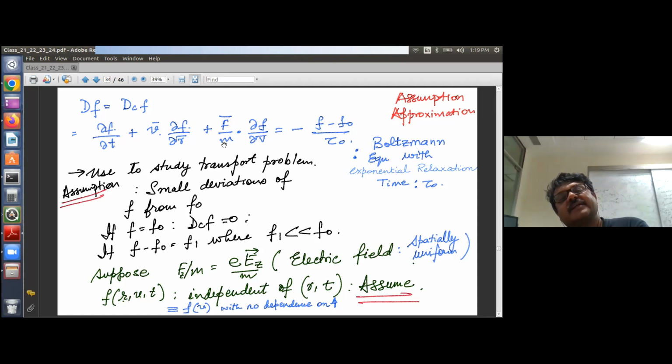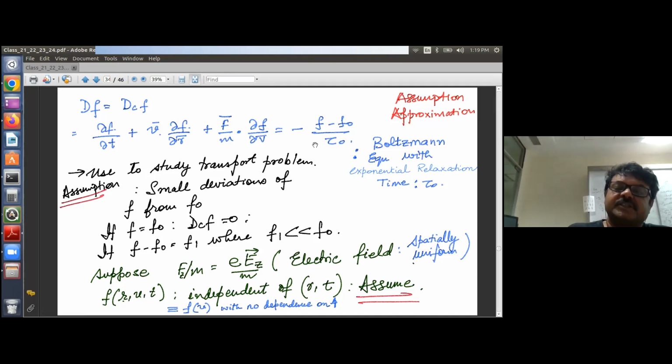Now, when there is an electric field, say, suppose Fz by m is equal to the electric field, and further, let's assume that there is no explicit dependence of f on real space. So there is relatively uniform density, and all that this electric field is doing is driving the distribution function up in velocity space, right?